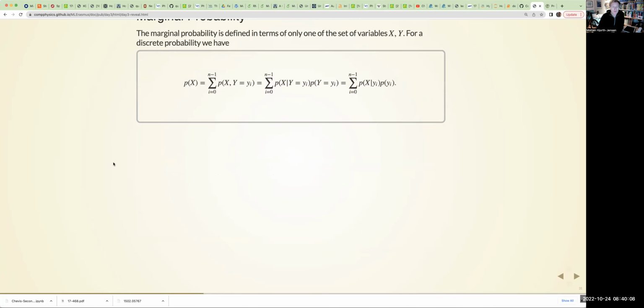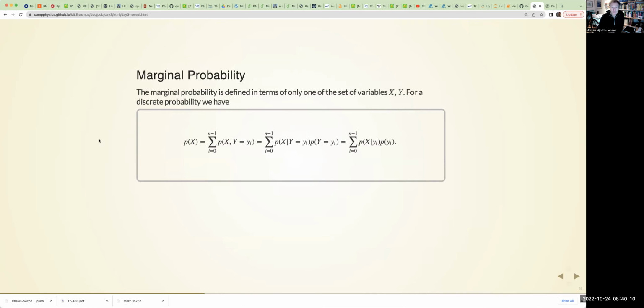If we move on a little bit, what we can also define now is the marginal probability. That is defined in terms of only one of the set of variables. So for a discrete probability, for instance, which is often the case we end up looking at, if we sum over all the y's, we would then sum over these events, which means that we would have the probability of x given y multiplied with the probability of finding this value of y, which we would write in a more compact way as the equation which you see here.